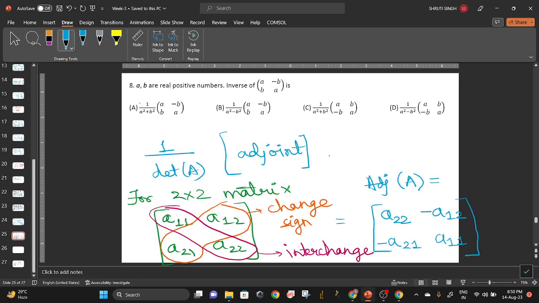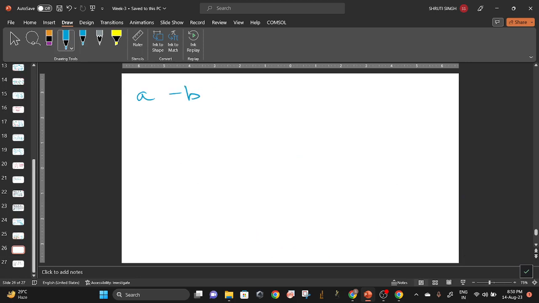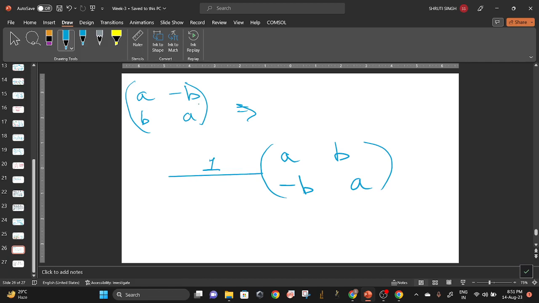A, minus B, B, A. Now the adjoint will be: interchange these two, A, A, change the sign of these two, B, minus B, and the determinant will be A square minus of minus B dot B. So this will be plus B square. So this will be the inverse.